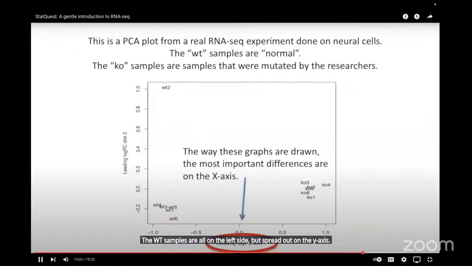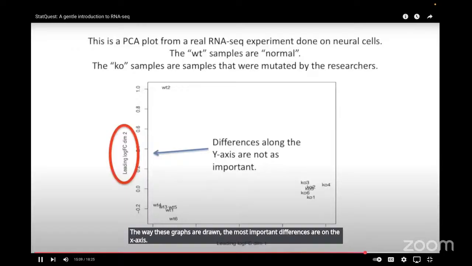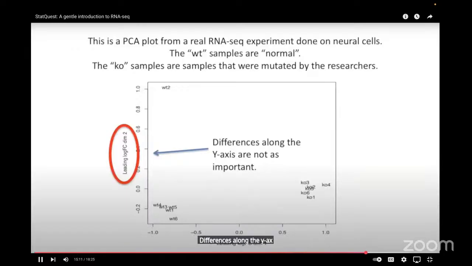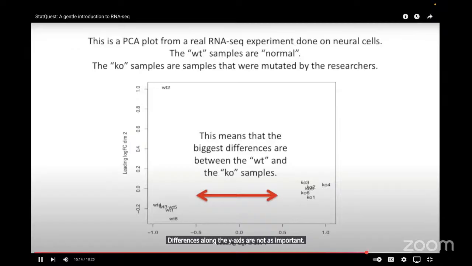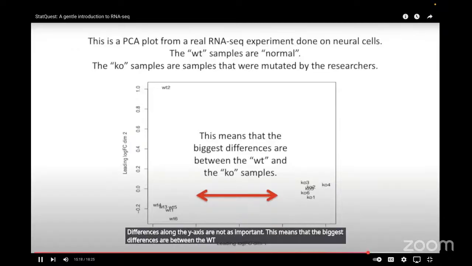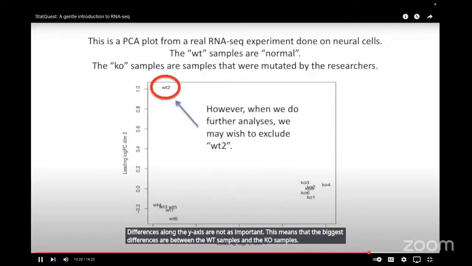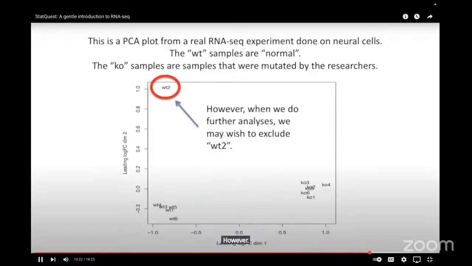The way these graphs are drawn, the most important differences are on the x-axis. Differences along the y-axis are not as important. This means that the biggest differences are between the WT samples and the KO samples. However, when we do further analyses, we may wish to exclude WT2.